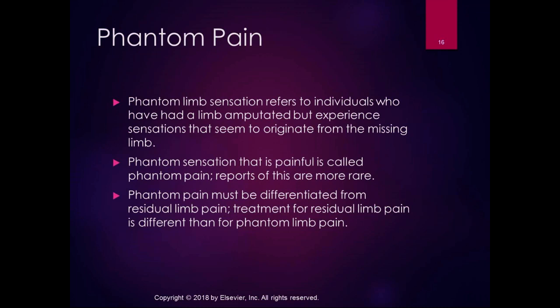For residual limb pain, you're actually treating sort of normal pain sensations in the residual limb. And for phantom pain, you're going to be using things more like graded motor imagery and mirror therapy, because you can't address pain in a limb that's not there with pain medications or with regular treatments for pain. So you have to use other means in order to do it.